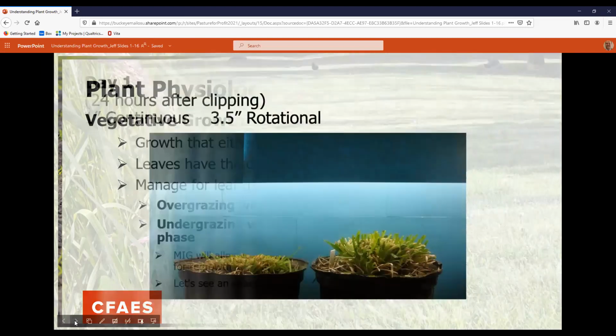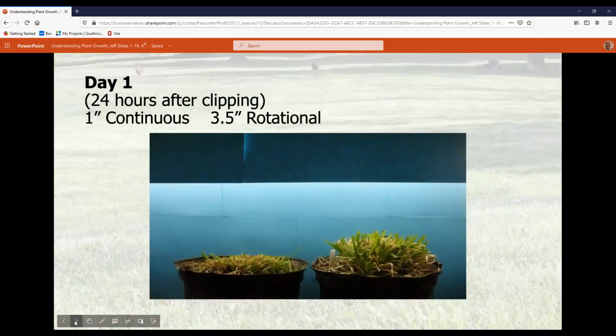So we have an example, and this came from Dr. Smith, grad student Shear, and Dr. Keene out of University of Kentucky. Now, they treated these plants the same for most of its growth, but 4 weeks before these pictures were taken, they treated the one on the left as continuous grazing. So they clipped it to 1 inch, and then every week they clipped that plant on the left down to 1 inch of height.